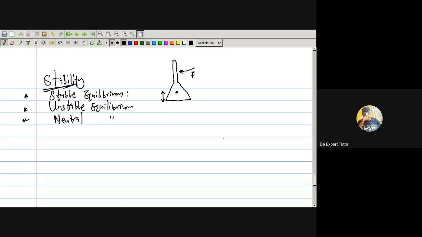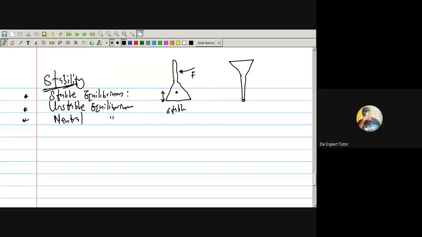So what do we call unstable equilibrium? The opposite of this. Everybody look at this funnel. Even before I displace it, it has fallen away. So a body here is said to be in unstable equilibrium.